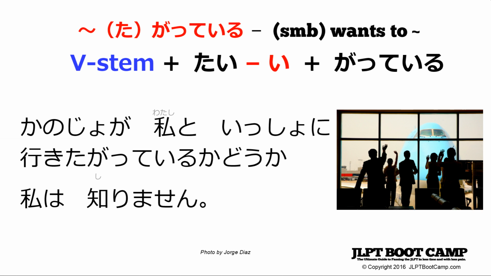So, for example, in this sentence, kanojo ga watashi to issho ni ikitagateru kadoka wakarimasen. So, kanojo is she, ga is the subject marking particle, watashi, I, to is with, issho ni is together with, and then iki is the verb stem of iku, to go, and then tagateru, altogether that means wants, if she wants.